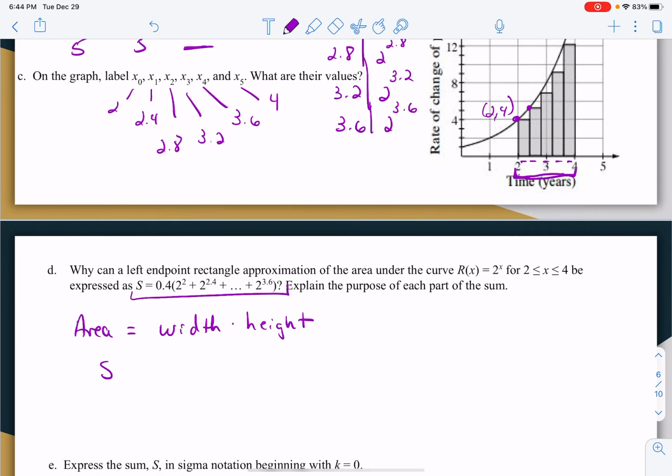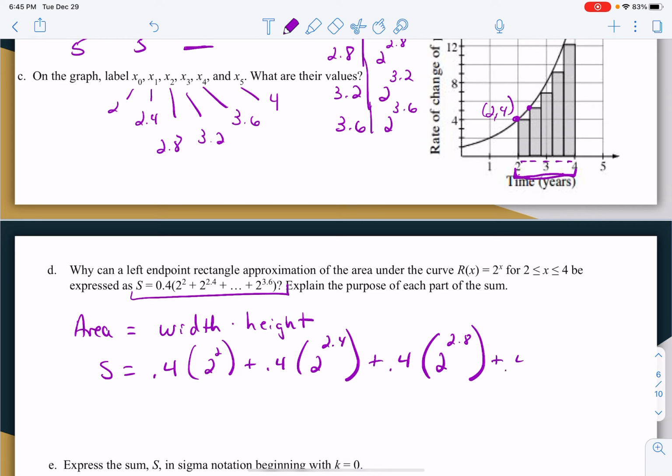So if I want the sum of the 5 rectangles, I have the width times the height of that rectangle plus the width times the height of the second rectangle plus the width times the height of the third rectangle, fourth rectangle, and the fifth rectangle.